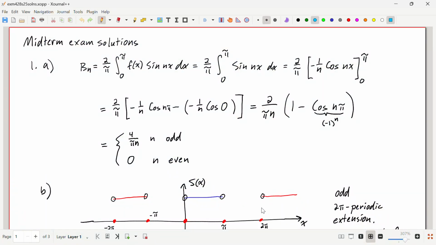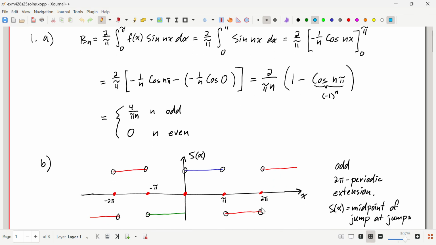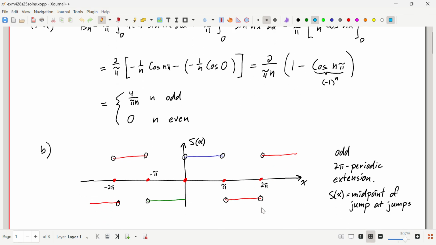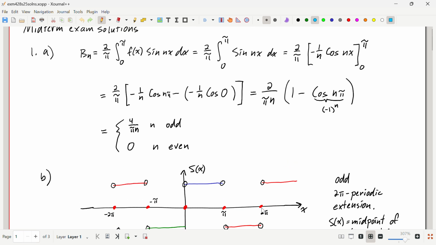So let's see, the first problem was very routine. I gave you this function. There it is, the graph of the function I gave you: it was 1 from 0 to pi. So that blue dash there is the function I gave you. And part A was to write down the Fourier sine coefficients. There was a formula for that on the back sheet that we know. It's 2 over pi, integral from 0 to pi of the function, which is just 1, times sine nx.